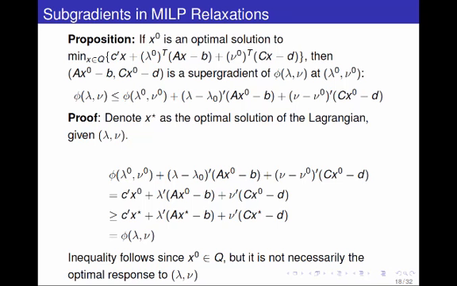You can see how this is really practically useful, because every time we want to know the value of our dual function, we also get the subgradient for free, basically. So here's the proof.